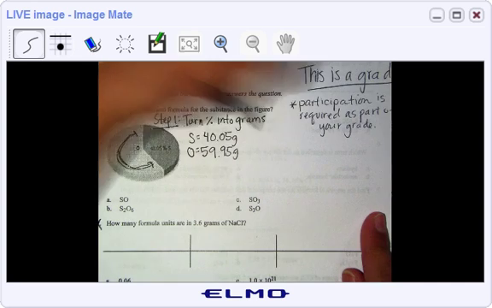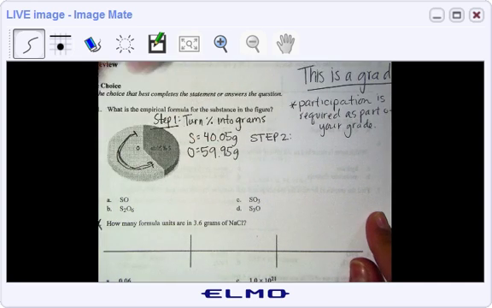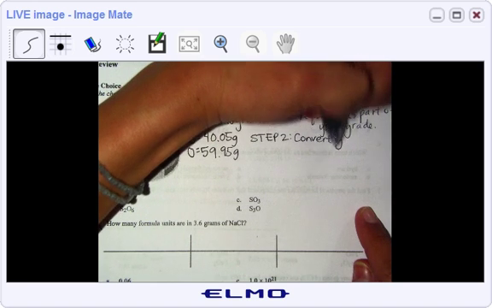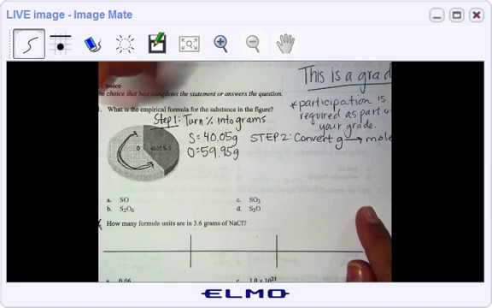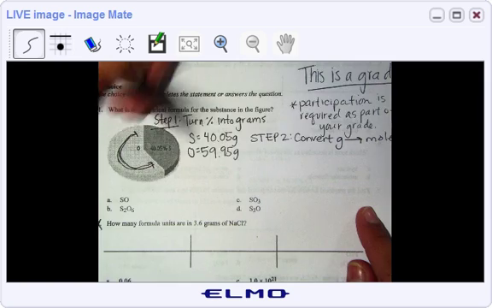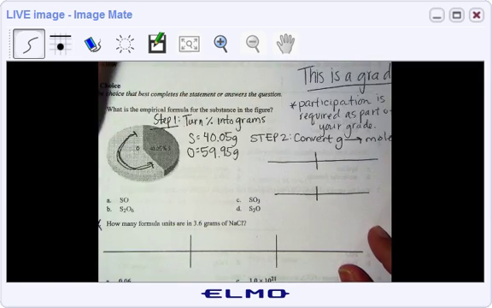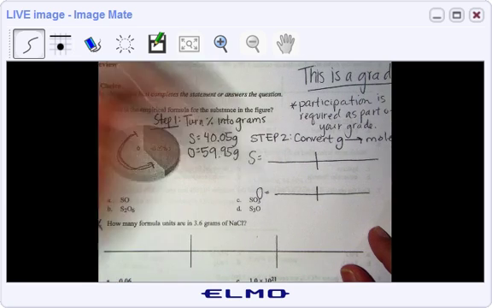Step 1. Step 2, you're going to convert grams to moles. So I have grams of a given substance. This is sulfur, this is oxygen. So to convert, I'm going to need 2 T-charts. One for sulfur and one for oxygen.